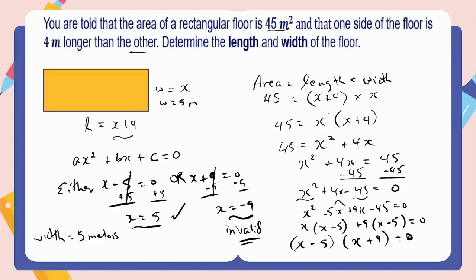And the length is equal to x plus 4, which means equal to 5 plus 4, which is equal to 9. In other words, 9 meters. All right, so determine the length and width of the floor. The width is 5 meters and the length is 9 meters.